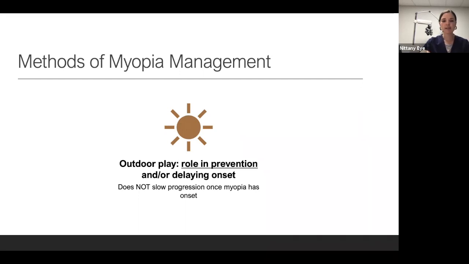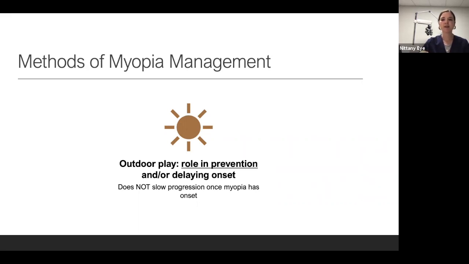One of the biggest things that we recommend for kids who are not yet in glasses or contacts is the role of outdoor play in prevention of the onset of nearsightedness. Kids who play outside more tend to become myopic later in life than kids who don't. As I mentioned before, there's a genetic factor, there's kind of a luck of the draw factor here too, but this is one way the environment really plays a role.